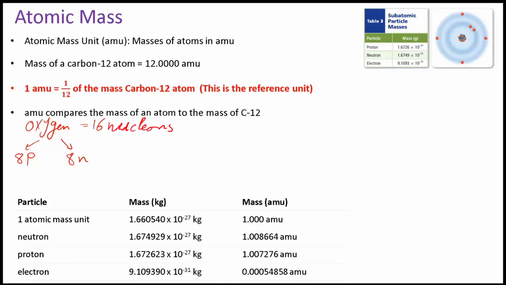We call them nucleons. The nucleon is a proton or a neutron. So the nucleus of the oxygen has 16 nucleons, 8 protons and 8 neutrons, which is good because protons and neutrons have slightly different mass.